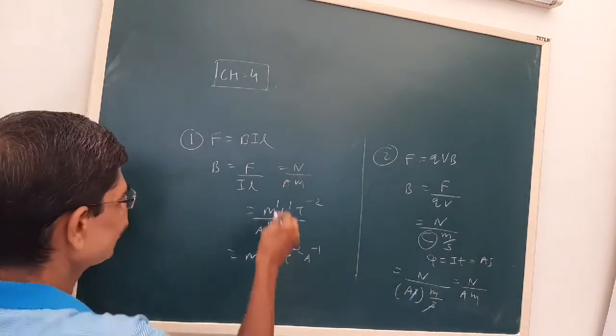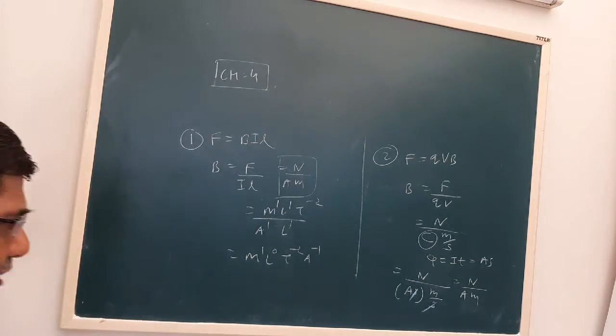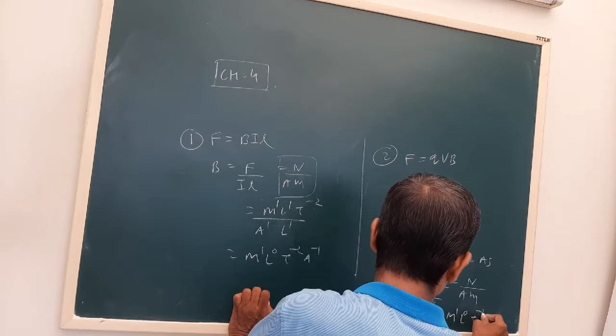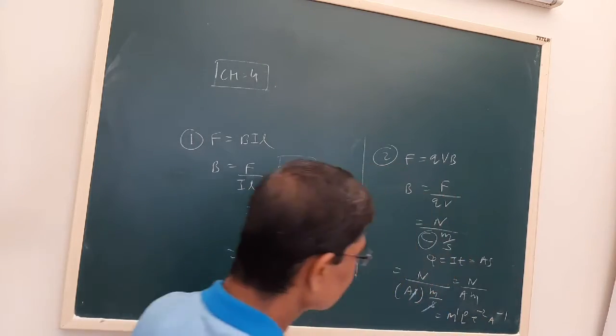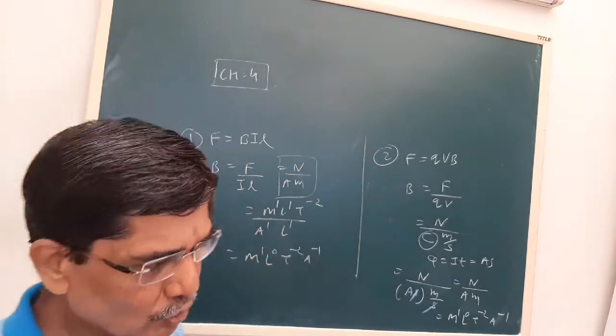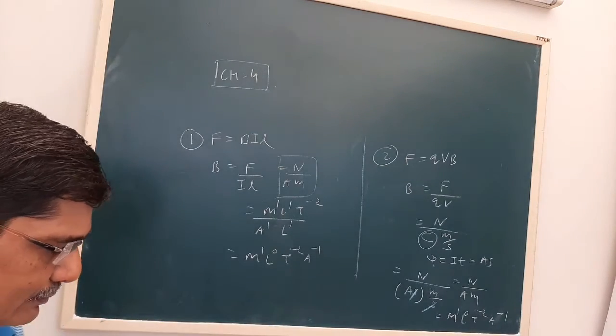You can see the same thing we have written here, so it will have the same dimension, M1 L0 T minus 2. So this is how we can remember unit and dimension of magnetic field easily. This can be asked in MCQ.